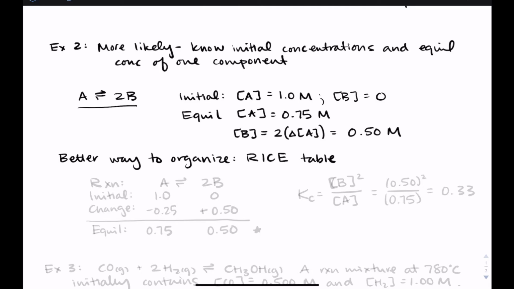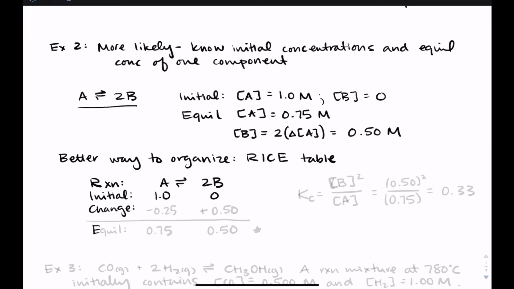So rice stands for the row labels. It's going to be the reaction, the initial values, the change, and then the equilibrium at the bottom. So I have my reaction A in equilibrium with 2B. My initial conditions, which I'm given, I can fill in 1.0 and 0.